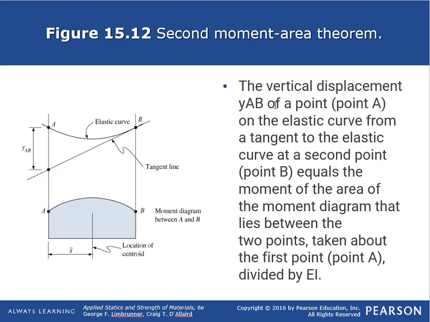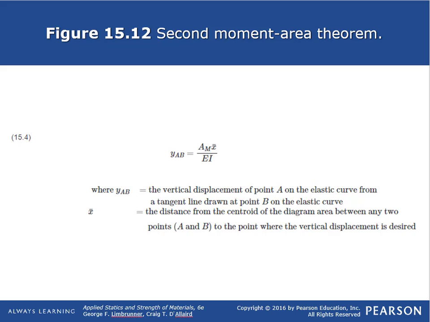So the vertical displacement y_AB of a point on the elastic curve from a tangent to the elastic curve at a second point, point B, equals the moment of the area of the moment diagram that lies between the two points, taken about the first point, point A, divided by EI. So what does this mean in terms of a formula? Here it is. y_AB is the vertical displacement of point A on the elastic curve from a tangent line drawn at point B on the elastic curve, and it equals A sub m times x bar, all divided by EI.